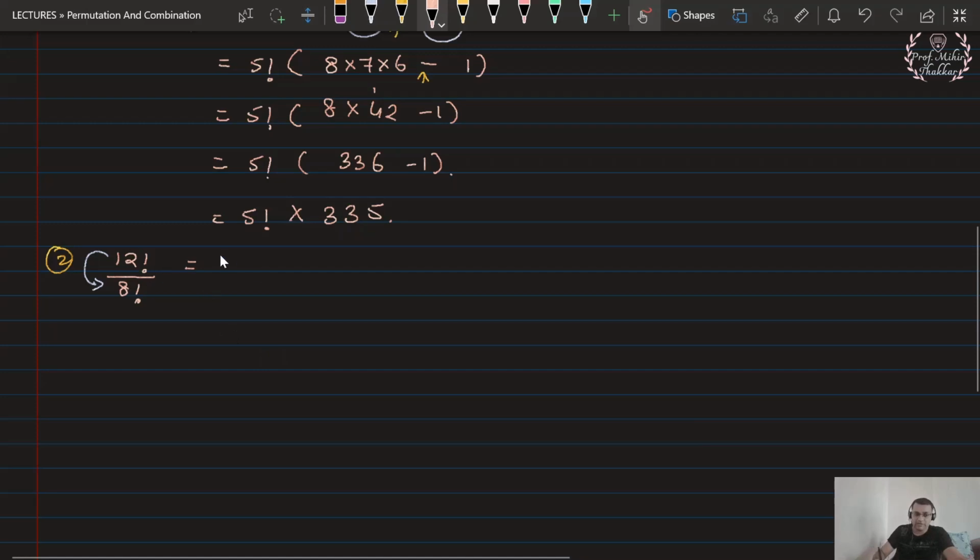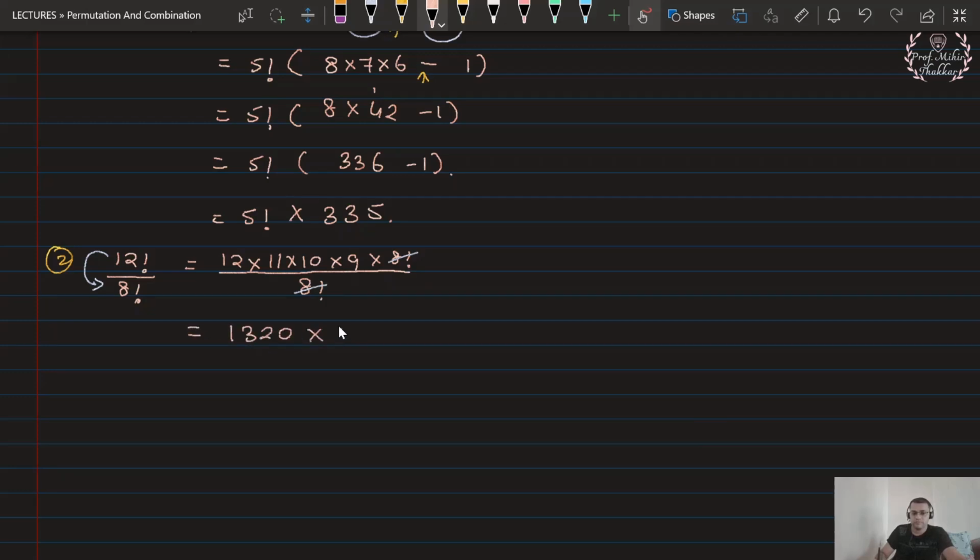How? I have the 12 factorial value. I will write over here as 12 into 11 into 10 into 9 into 8 factorial, then divided by 8 factorial. Now cancel off the common factor. 8 factorial has been cancelled, and then multiply the remaining numbers. 11 into 12 will be 132, 132 into 10 will be 1320, multiplied by 9.